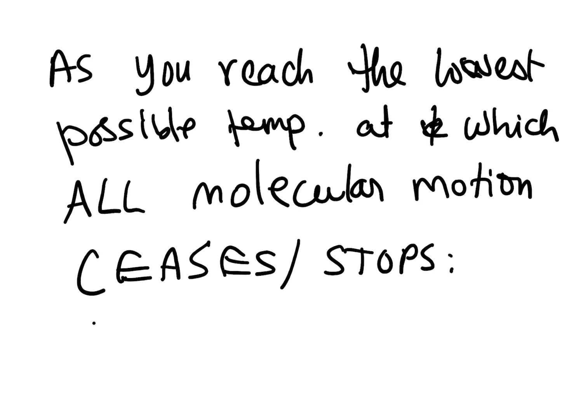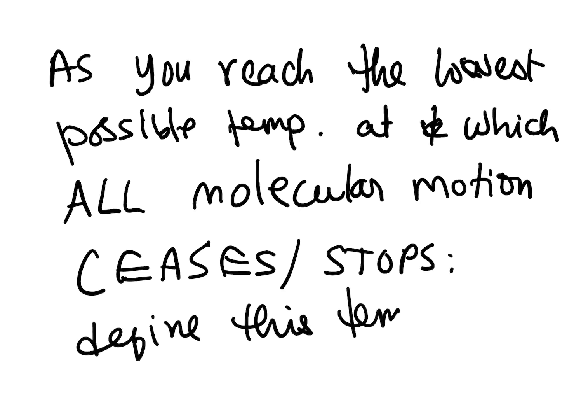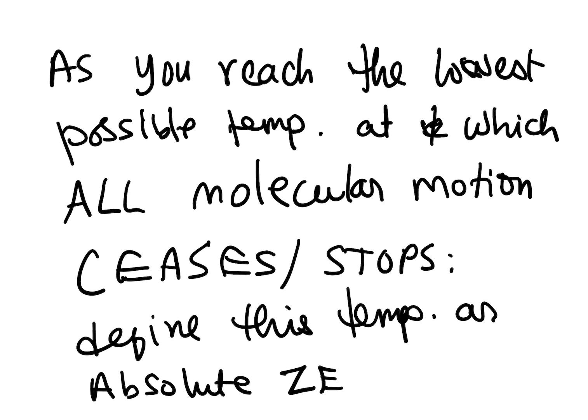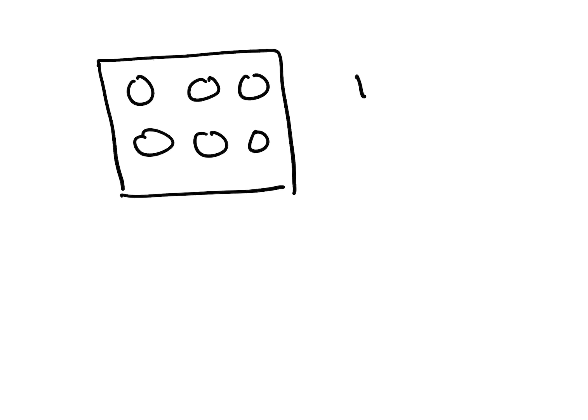we'll define this temperature as absolute zero. At this temperature, all molecular motion stops, which means if you think of your solid, all the atoms are not moving, so their velocities are all zero, and their positions are all frozen solid.